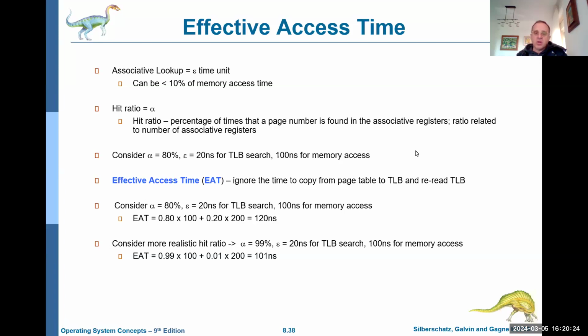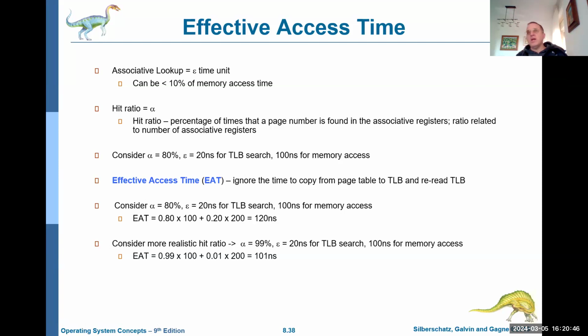Again, we ignore the time to copy the page table entry back into the TLB and then to reread the TLB, because theoretically I would do that. I would go back. If it's not there, I would copy it into the TLB and then start from the beginning again. And now I will have a hit.